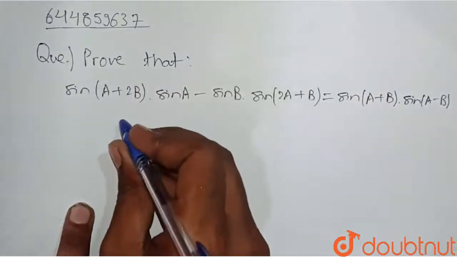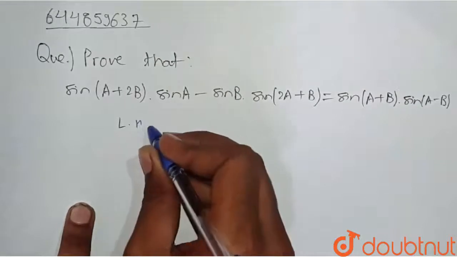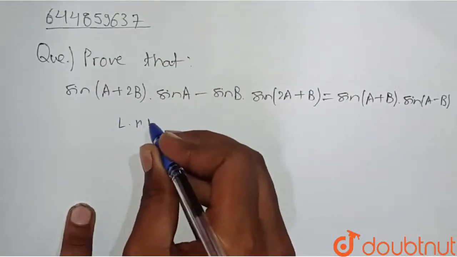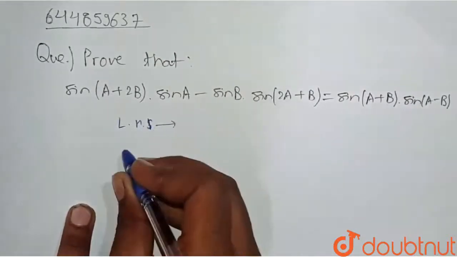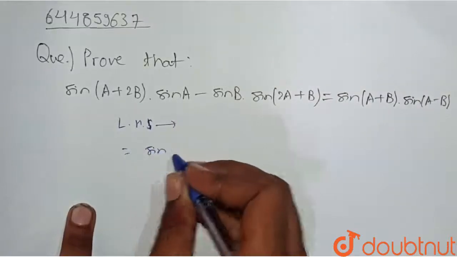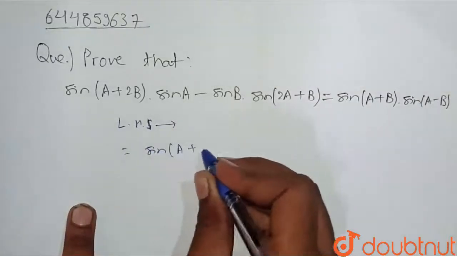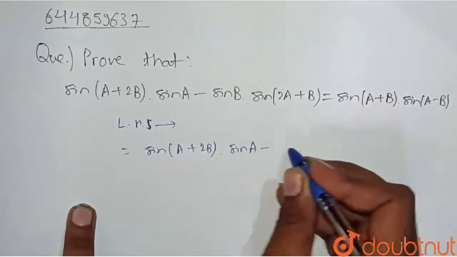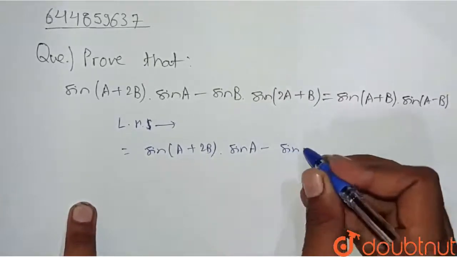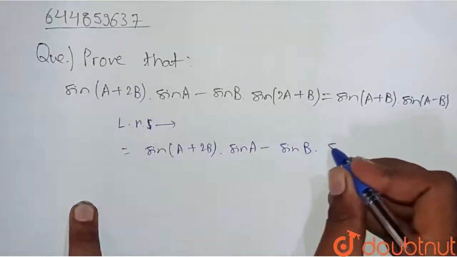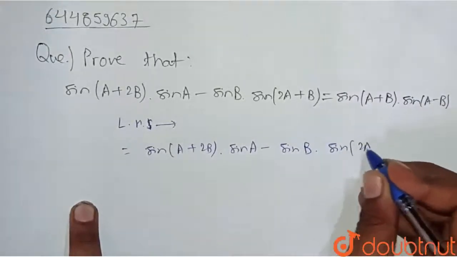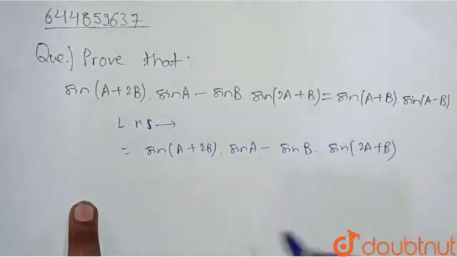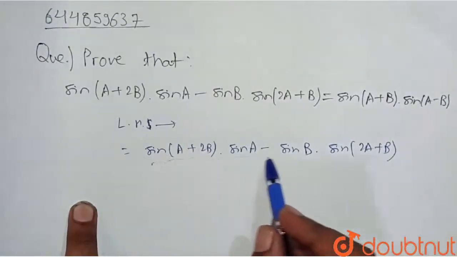So we start with our left hand side. And what is our left hand side? Sin(a + 2b) sin a - sin b sin(2a + b).